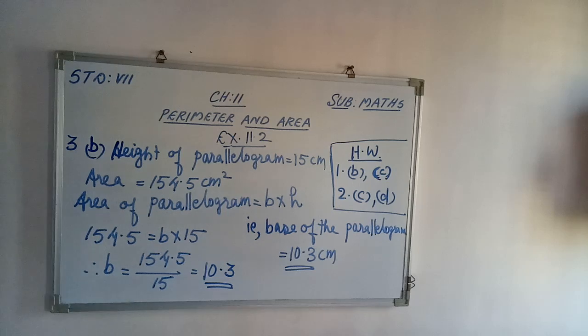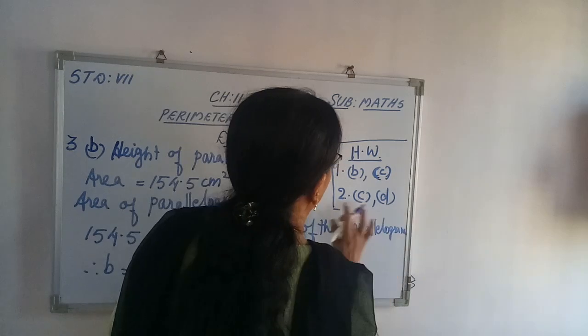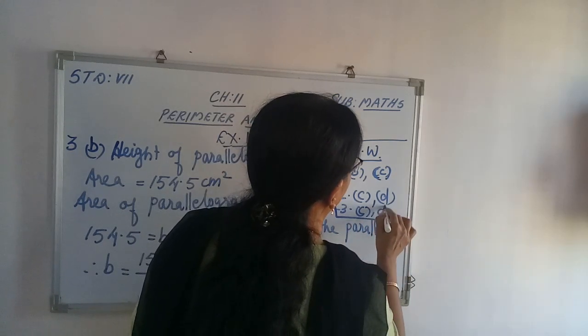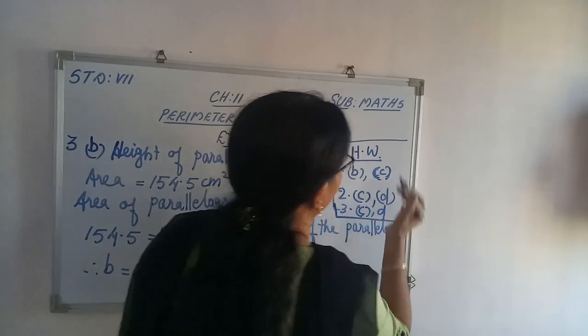I hope question number 3 is clear to you. There are total 4 questions in question 3. A and B I solved, and next it is C and D. That you have to try.